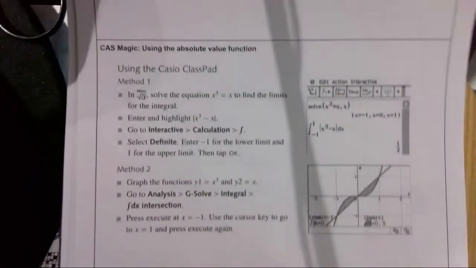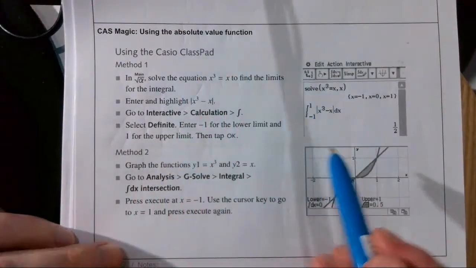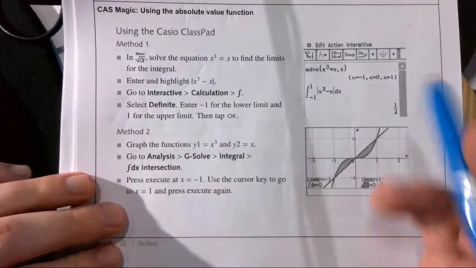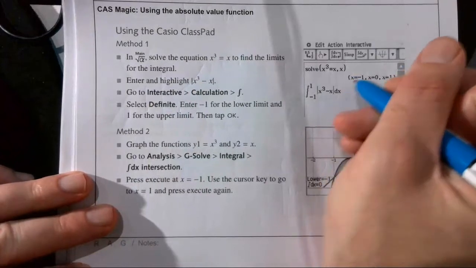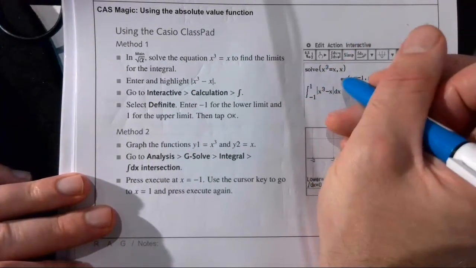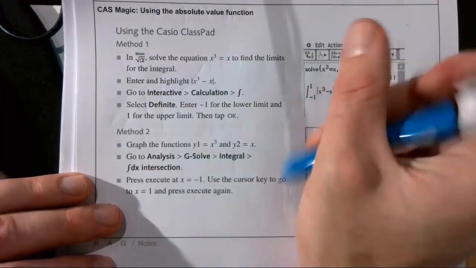Let's just have a quick look at what I was talking about before in terms of the absolute value function. So this same question here, if I were going to solve this on CAS, I'm going to use solve. Obviously we don't need to do it for this case, but if it was more complicated, to find where the curves cross.